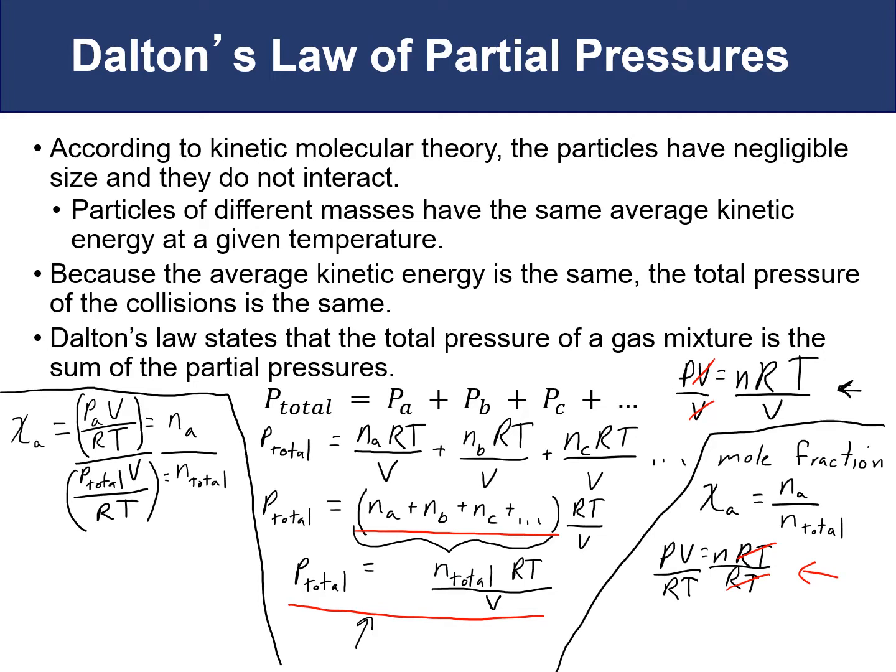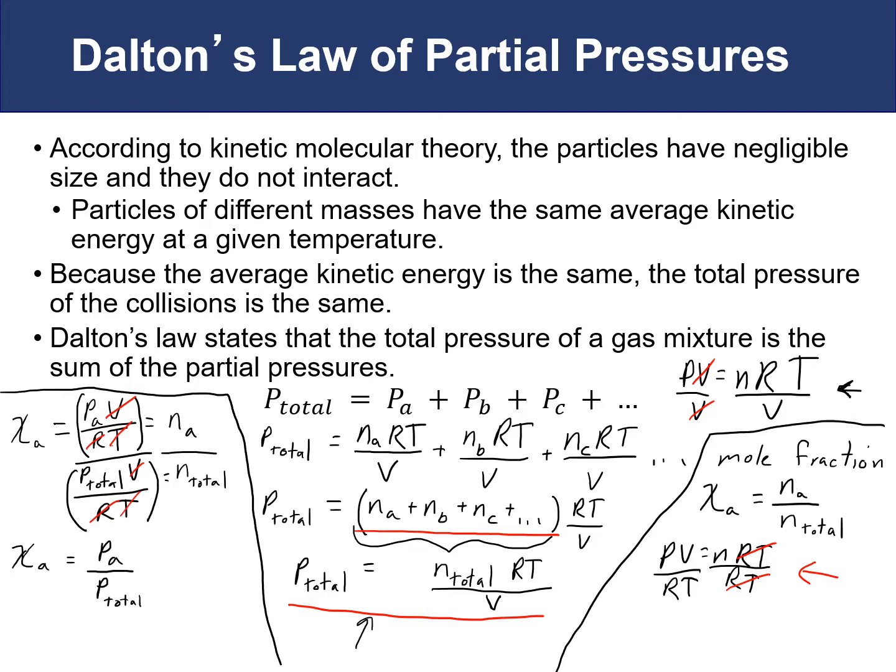We can now cross out some terms. Essentially we have 1 over R divided by 1 over R. The R's cancel out. The volume over volume, those cancel out. The T over T, those cancel out. And so we're left with a similar value for chi, where chi, our mole fraction of the A component, is equal to the pressure of A divided by the pressure total.